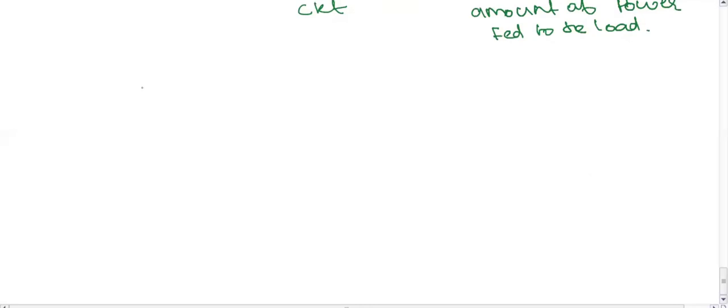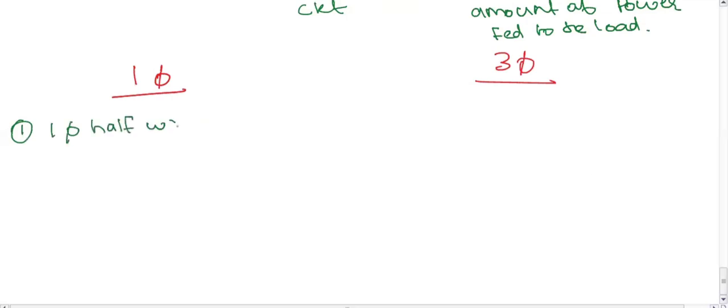This controlled rectifier can be of two types: single phase, as well as three phase. So now we will see in detail. The classification is like this. First, single phase half wave controlled rectifier.